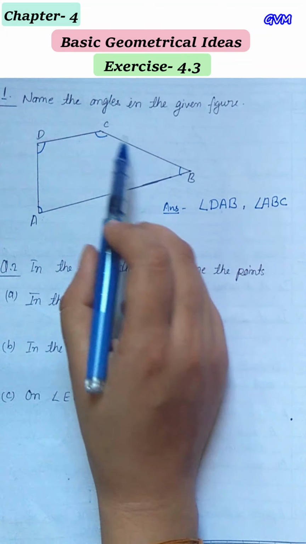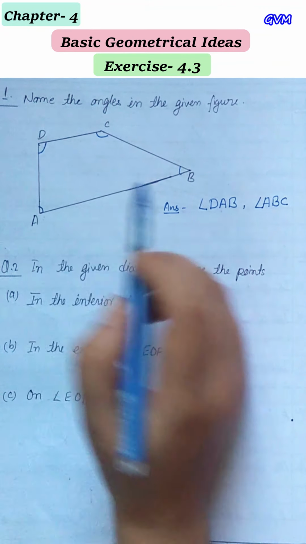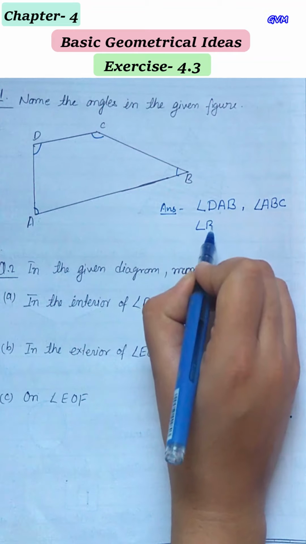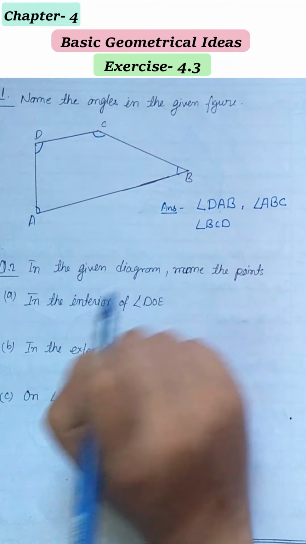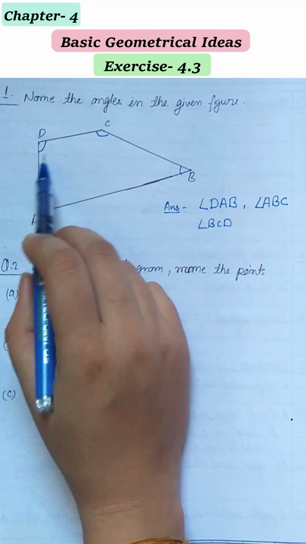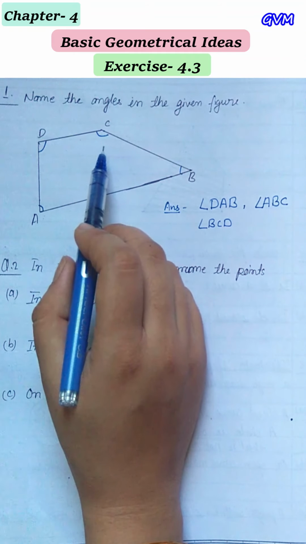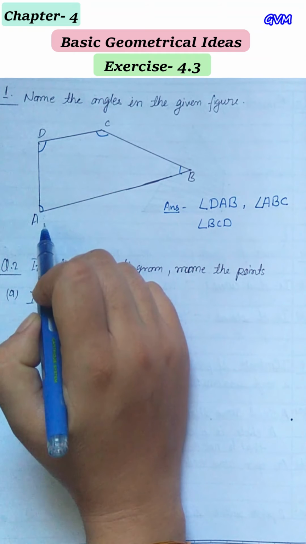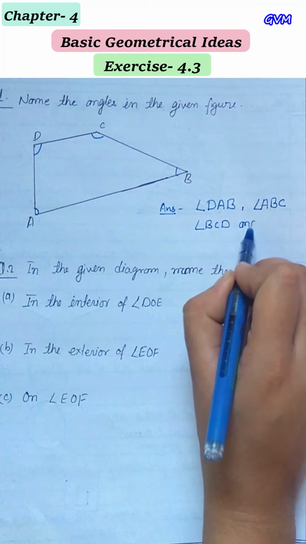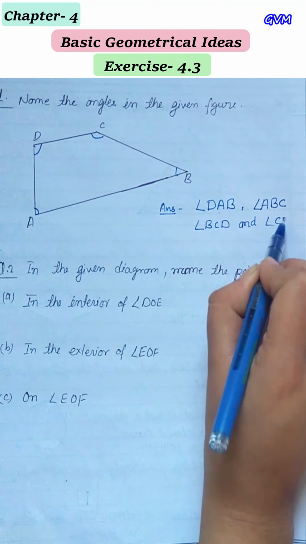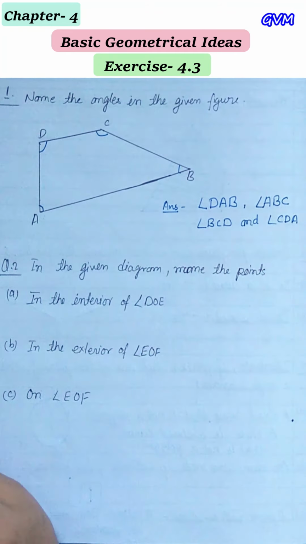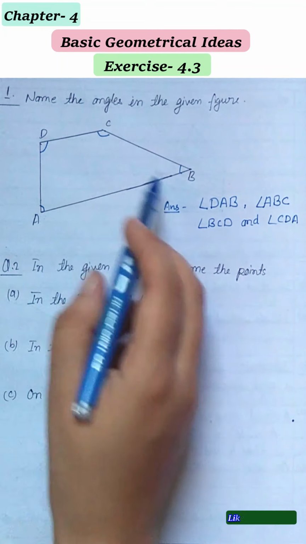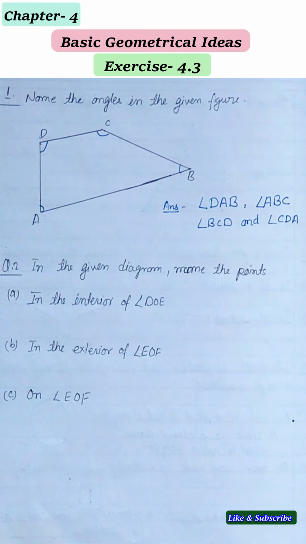We can call it BCD, angle BCD. Now fourth we have this angle at D and we can call it CDA, angle CDA. So these are the four angles in this figure.